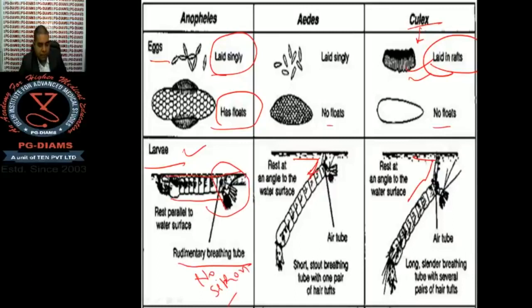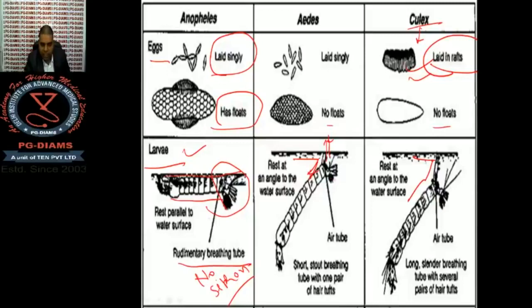What is a siphon? A siphon is a long stick-like breathing tube. So the Aedes and Culex larvae can hang from the surface because they have a tube which goes outside and takes the oxygen. But Anopheles larva cannot hang because it doesn't have that tube.